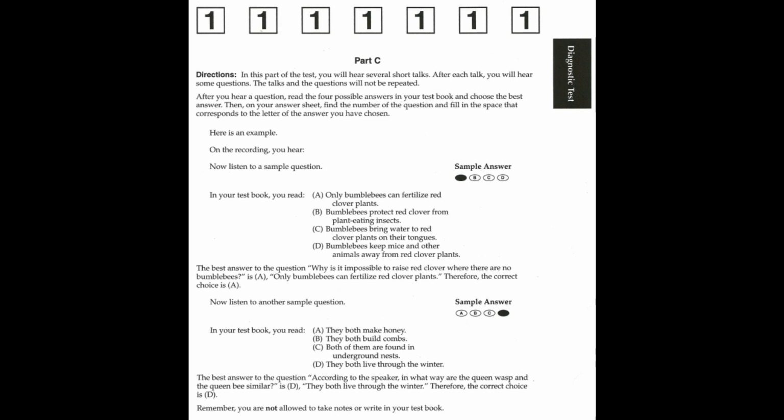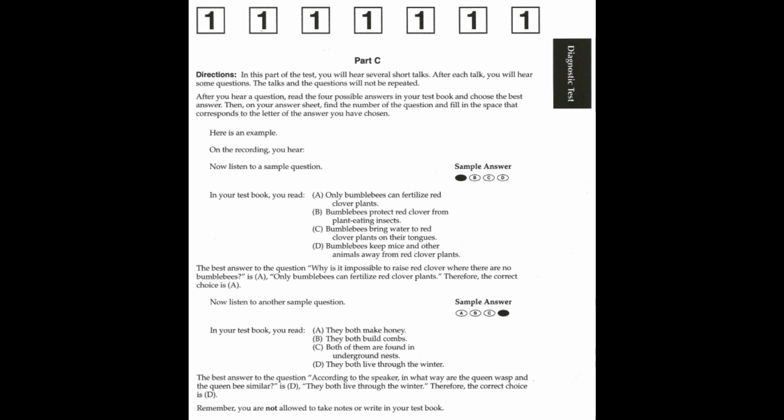D. Bumblebees keep mice and other animals away from red clover plants. The best answer to the question, "Why is it impossible to raise red clover where there are no bumblebees?" is A. Only bumblebees can fertilize red clover plants. Therefore, the correct choice is A.